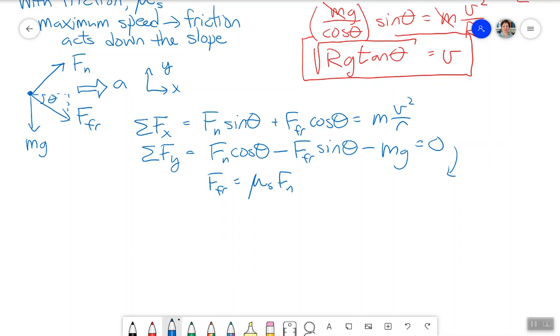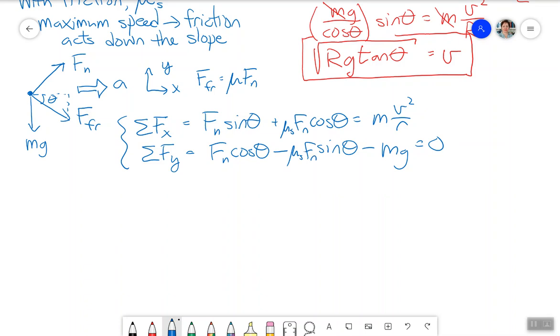So let's rewrite both of these equations. I'm just going to rewrite it inside what I've already done: mu times the normal force, mu times the normal force.